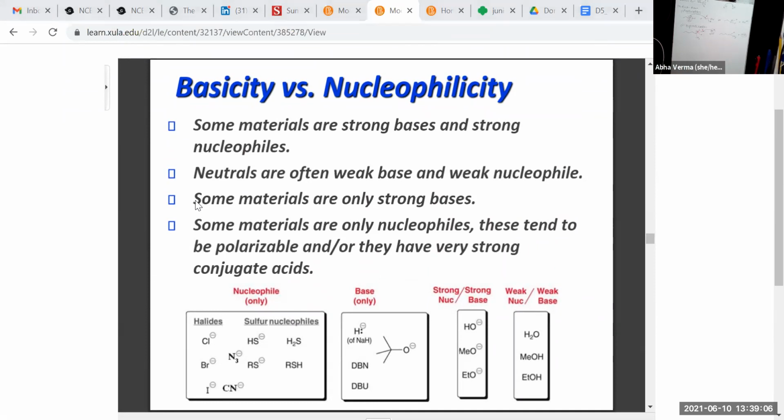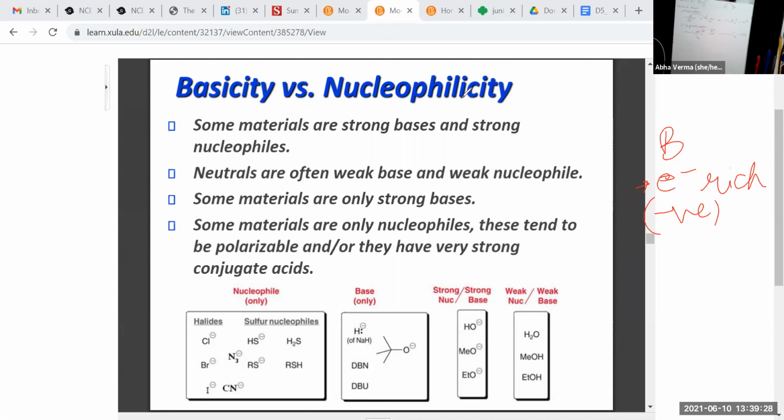When we looked at basicity, we remember that a base is electron rich, and it would prefer to have a negative charge, some excess electrons. That is what the negative charge is. That's what the electron rich species would like.